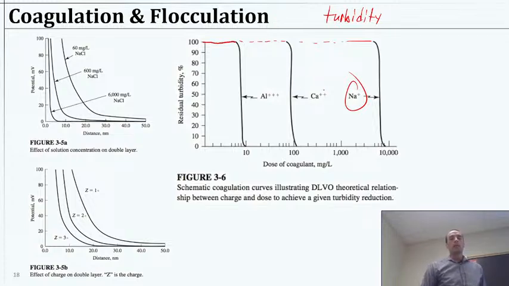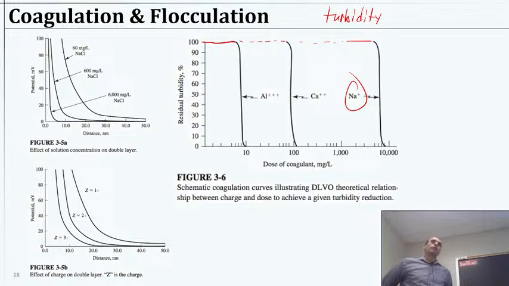If we use calcium with a 2+, then it takes only 100 milligrams per liter for the same effect. And so what you see here is that density of charge is making a very, very big impact. In fact, if we go to aluminum, a 3+ charge, it's only 10 milligrams per liter to have that same effect.